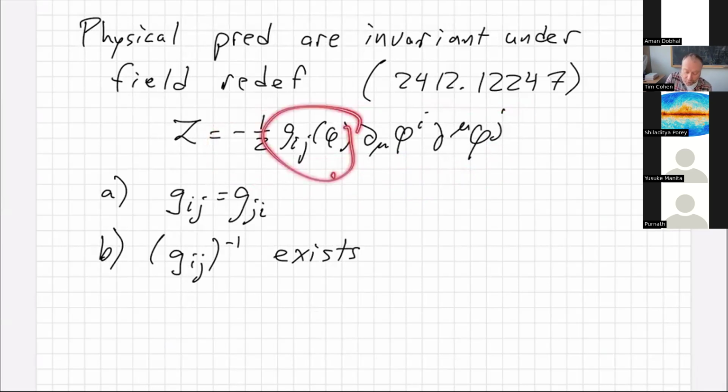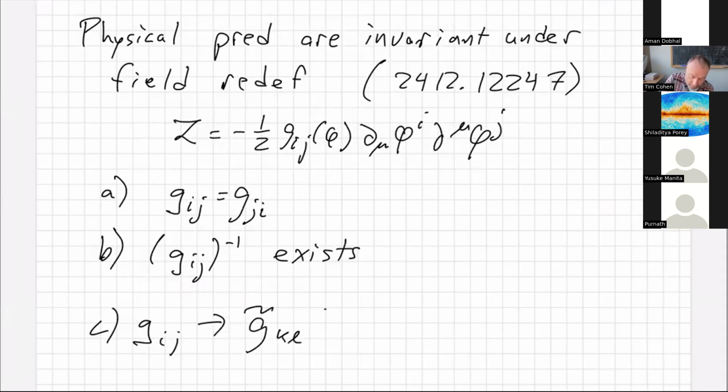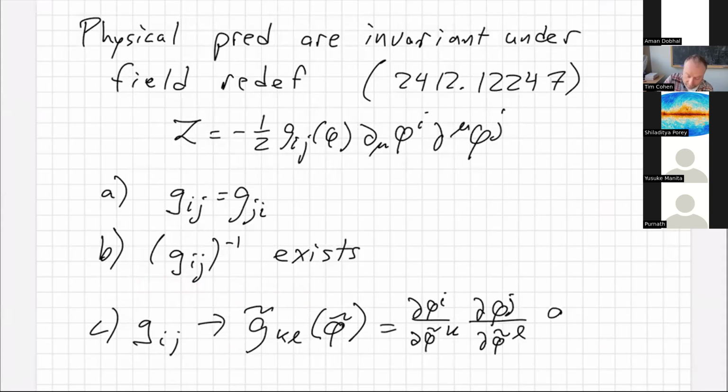So this thing is proportional to the identity plus order phi, and that means that its determinant is non-zero, so the inverse exists. And then the third thing is that under a field redefinition, g_ij goes to g̃_kl as a function of phĩ, which equals ∂phi^i/∂phĩ^k ∂phi^j/∂phĩ^l g_ij(phĩ).